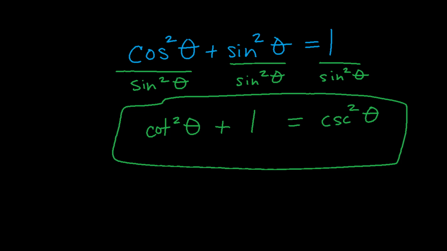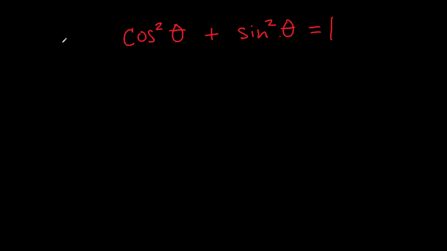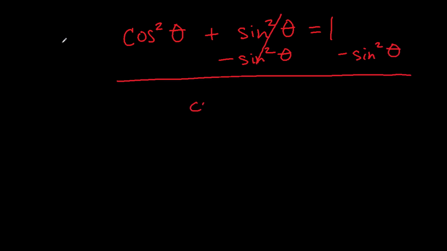Now let's take a look at different versions of these identities. By subtracting sine squared theta from both sides of the equation, we can derive another version of this identity: cosine squared theta equals 1 minus sine squared theta.